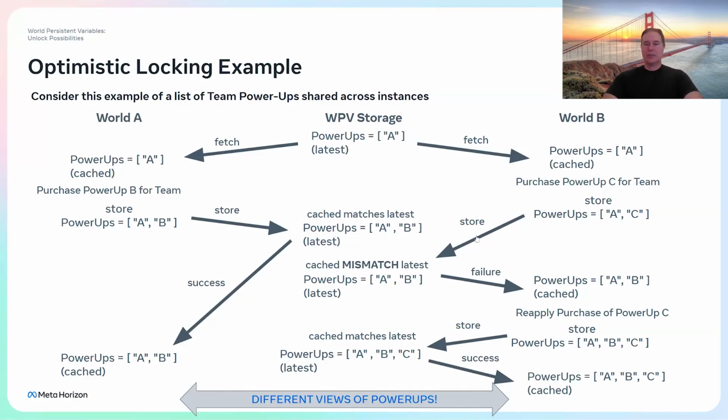How this guy's store failed because somebody else had snuck in and changed the central value before his store was applied, but that this store succeeds because no one snuck in to change the value since this guy last got the latest cached value and changed it to a new value.